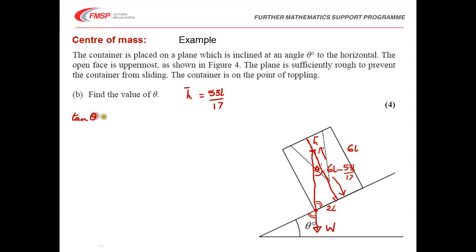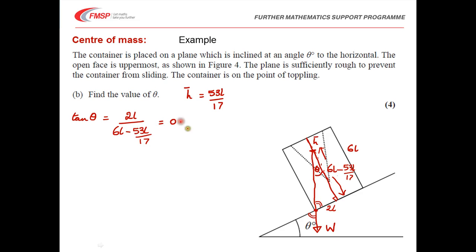So tan theta, opposite over adjacent, that's 2L over 6L minus 53L over 17, which is a horrible clumsy fraction, but you can see there that the values of L are going to cancel away.